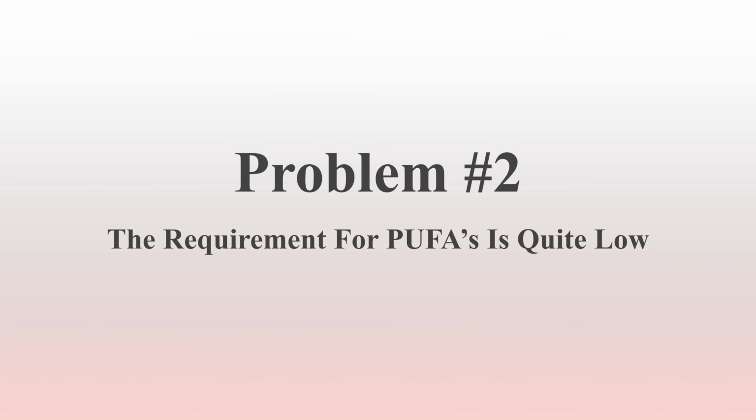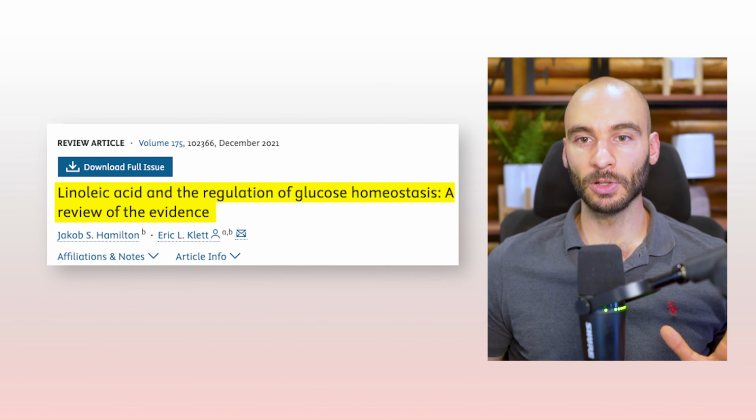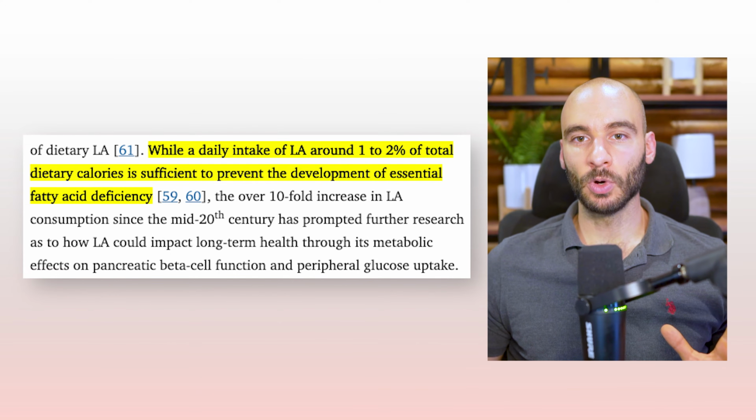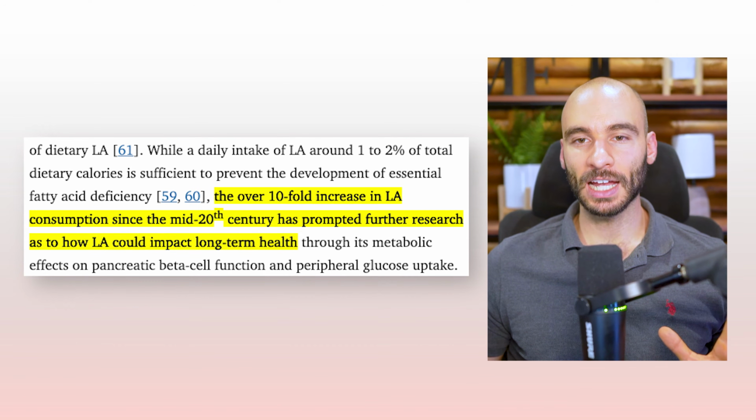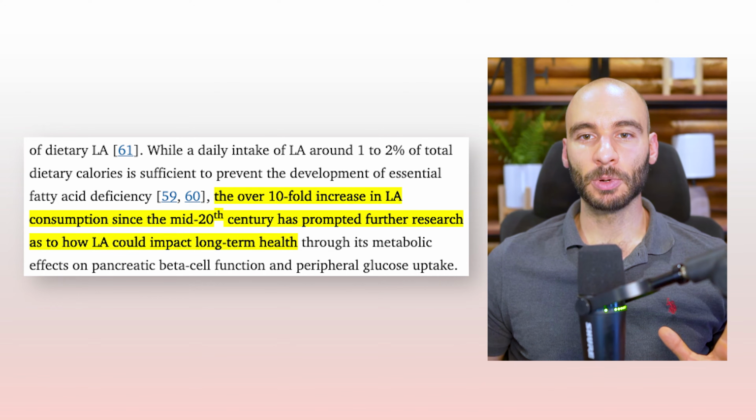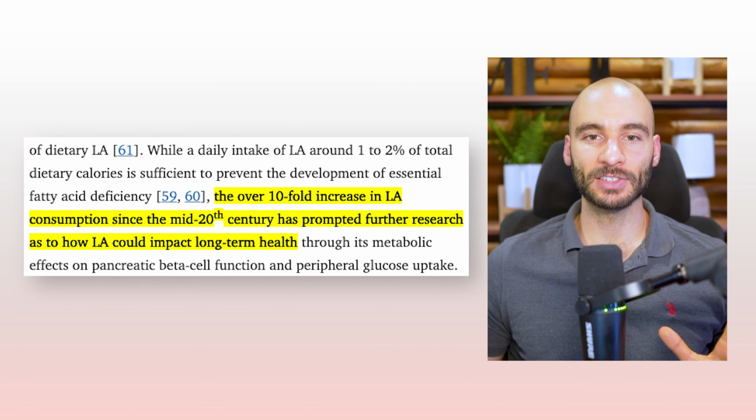The omega-6 polyunsaturated fatty acids, and the polyunsaturated fatty acids in general, were considered to be essential fatty acids. This was from the work of the Burrs, but the requirement is actually exceptionally low. Some of the newer research actually calls this into question, but essentially what the researchers say here from linoleic acid and regulation of glucose homeostasis, they say, while a daily intake of linoleic acid around 1 to 2% of total calories is sufficient to prevent the development of essential fatty acid deficiency, the over 10-fold increase in linoleic acid consumption since the mid-20th century has prompted further research as to how linoleic acid can impact long-term health.